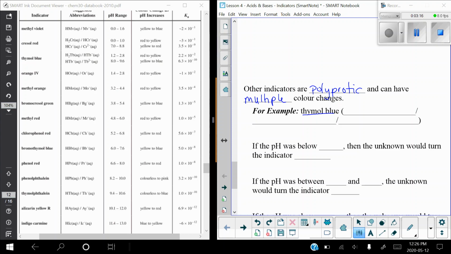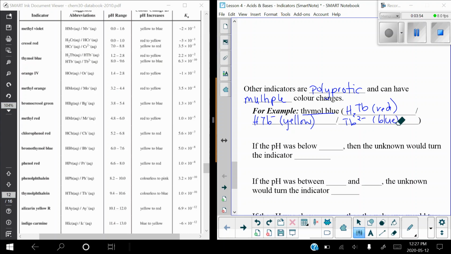If it has H2TB, it's going to be red. Okay. If it loses one hydrogen, it becomes HTB minus, it's going to be yellow. And lastly, if it loses both of its hydrogens, becomes TB2 minus, it's going to be blue.